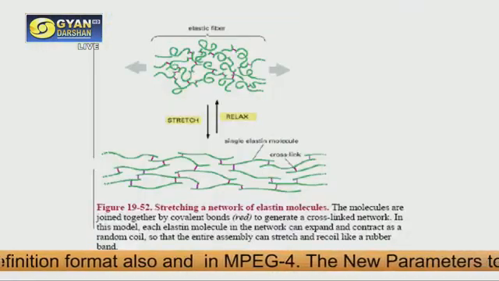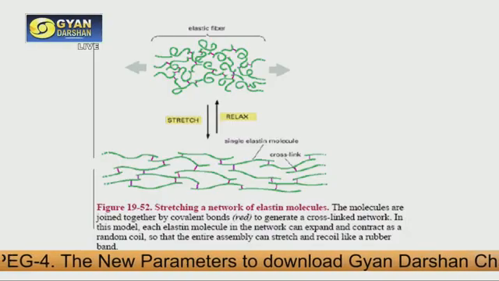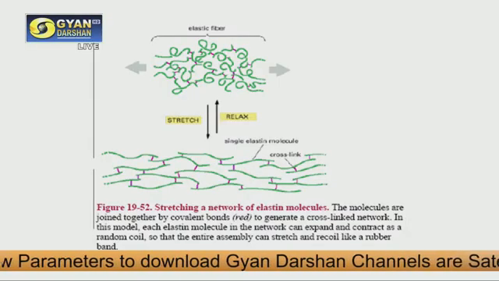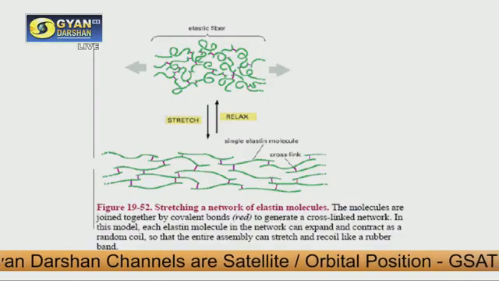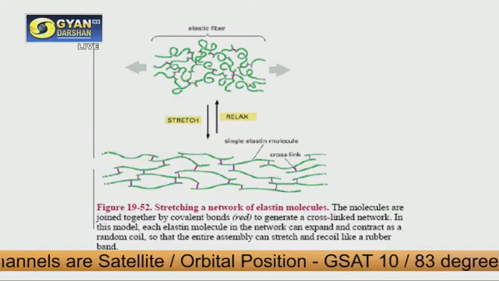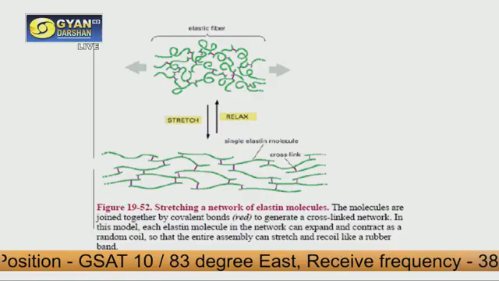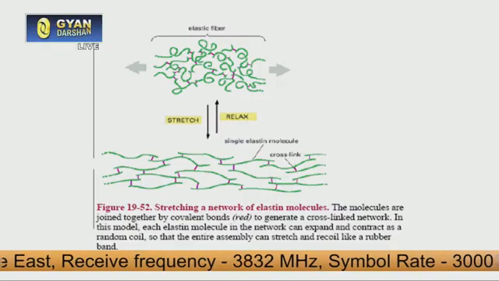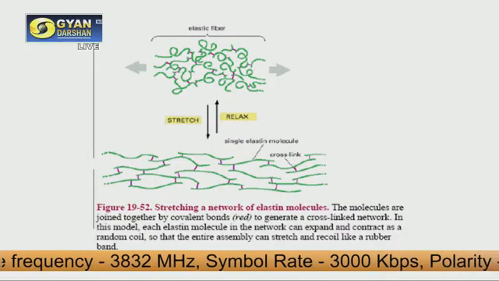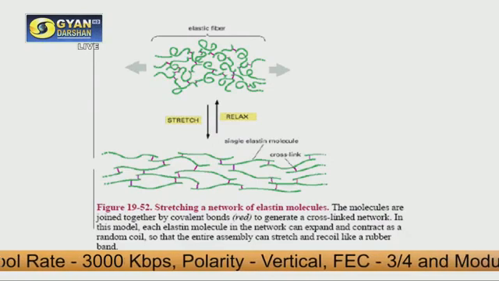If you see this figure again, you can see how elastin helps in controlling the stretching and relaxation mechanism. It is almost like a rubber band, a stretching network of elastin molecules. The molecules are joined together by covalent bonds, which are marked with red or pink, to generate a cross-linked network.